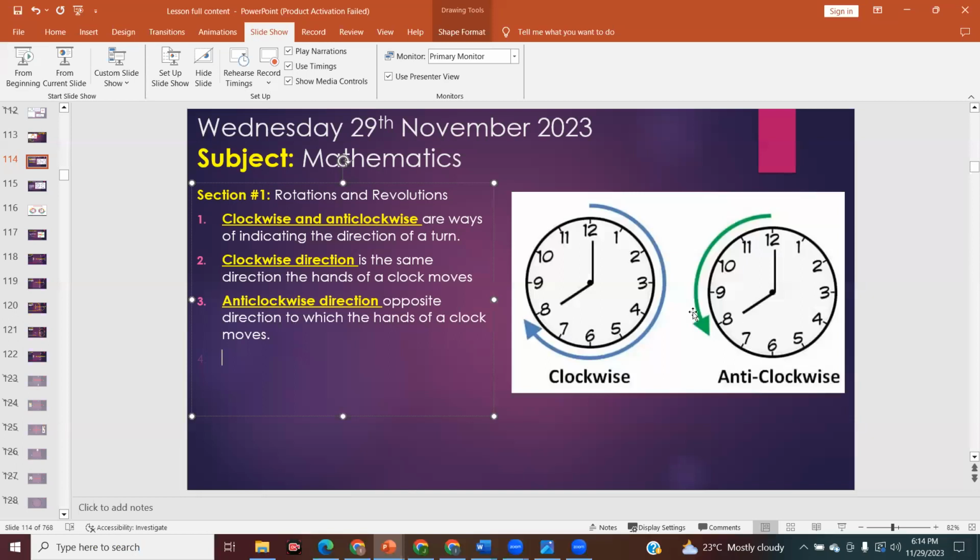So there's another word that we use for anti-clockwise direction. Anti-clockwise direction is also known as counterclockwise. Very good, it's also known as counterclockwise.